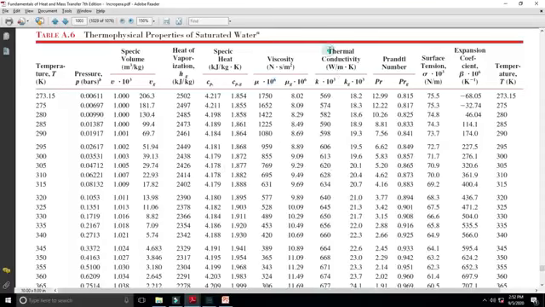You can see over here I listed the values of the thermal conductivities in watt per meter Kelvin, and at 320 Kelvin the value of the thermal conductivity is 640, and at 325 Kelvin it is 645. So you need to interpolate, and after interpolation we get 643. Those values of thermal conductivities have been listed after multiplication with 1000, so the actual value would be obtained if we divide by 1000.